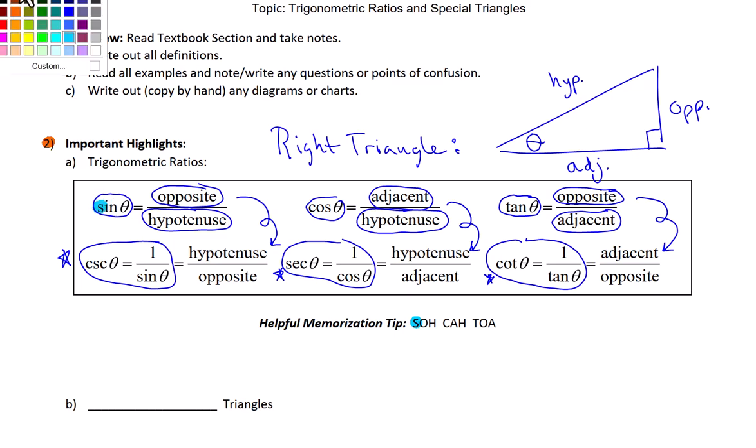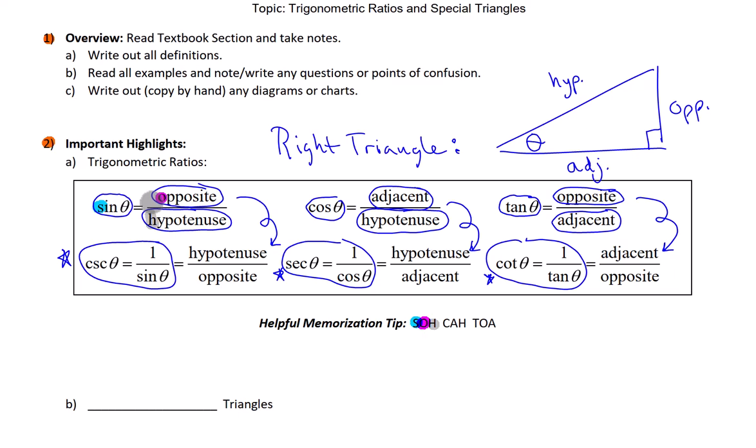So if we label those, let me pick some other colors for that. If I label the opposite in a pink color, then I have sine equals opposite over hypotenuse. But let me also label the hypotenuse a different color. How about a light grayish color? And I'm going to highlight the first letters of these words so that it's obvious, hopefully, what these are representing.